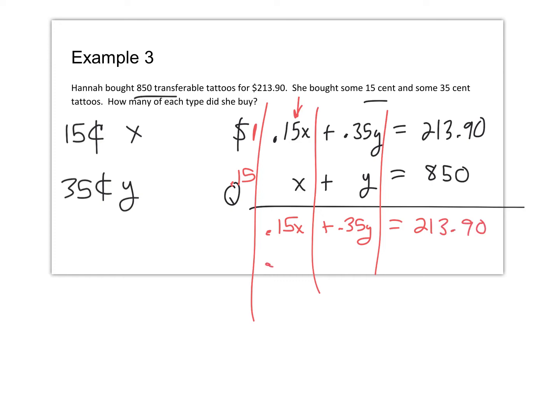Then I'm going to have 0.15x plus 0.15y is equal to, so we're going to do 850 times 0.15 gives us 127.5.